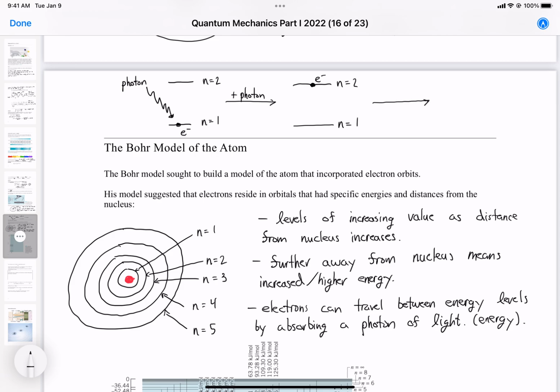Then what happens is the electron will relax back to its original state and lose a photon. So in this case, it will fall back down here to the initial level, right here. And what happens is it's going to give off the photon of light.